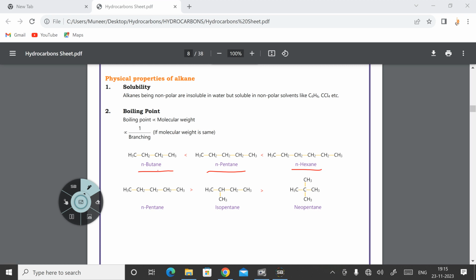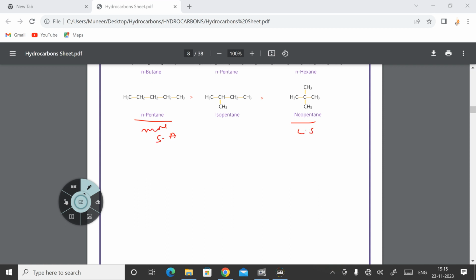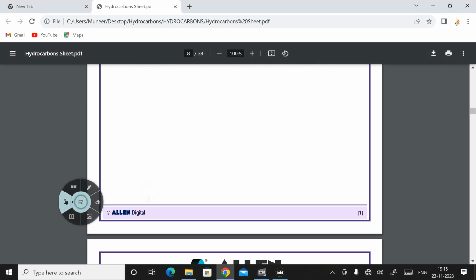N-butane has less boiling point. N-pentane has more carbon atoms, pent is 5; butane has 4 carbon atoms, 5 carbon atoms, 6 hex. So higher molecular weight, higher boiling point. Is it clear? Now N-pentane, isopentane, neopentane: which has the high boiling point? N-pentane, more surface area. Here, less surface area.